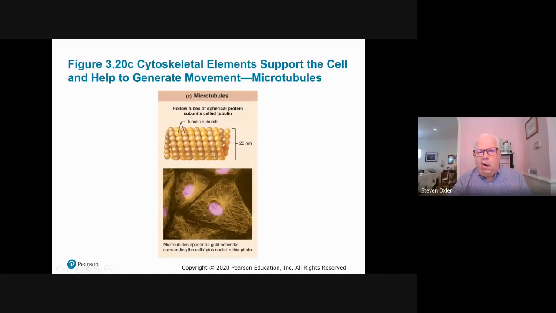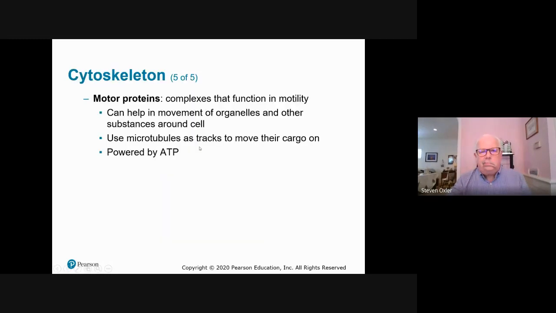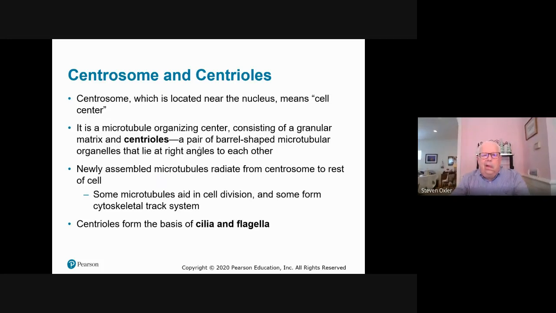Here they are, larger. They're larger than the actin. Motor proteins are all powered by energy, and that energy obviously is, again, ATP. There are other things inside these tubules, and these are centrosomes and centrioles.